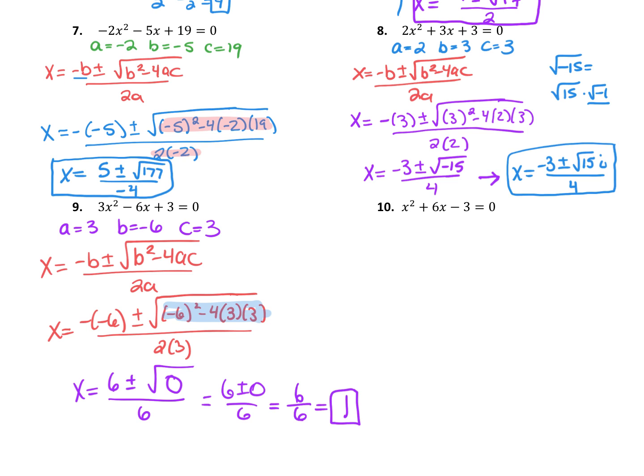All right, let's take a look at this last one. So a equals 1, b equals 6, c equals negative 3. So x is going to equal opposite of b plus or minus the square root of b squared minus 4ac all over 2a.